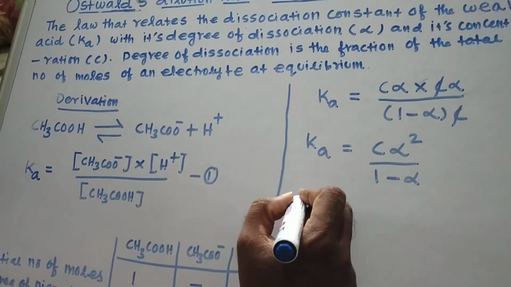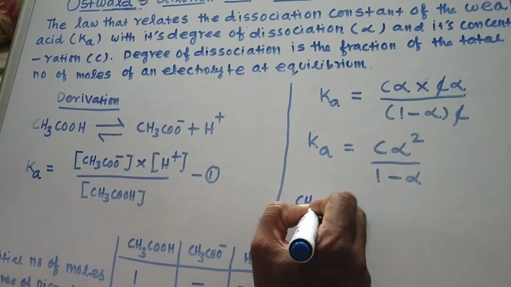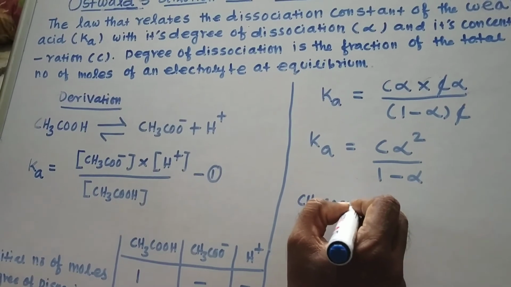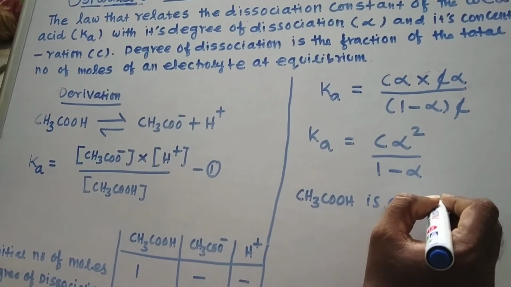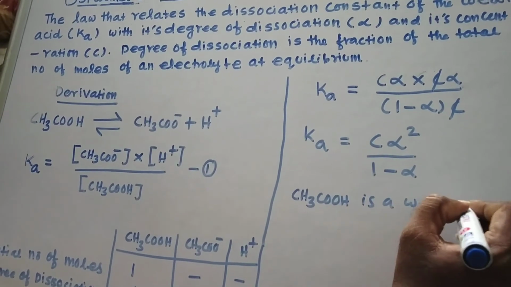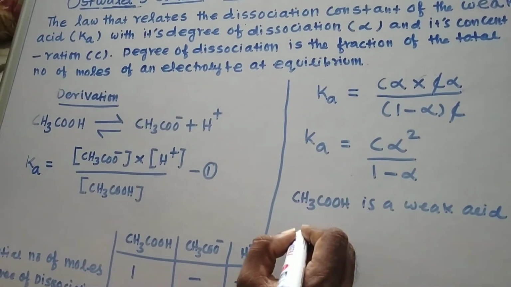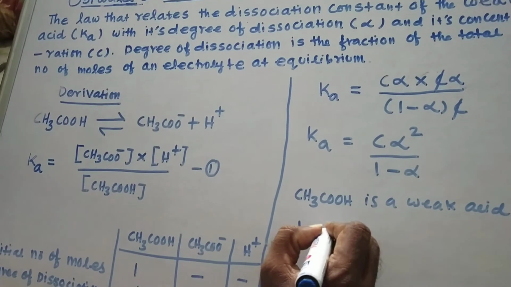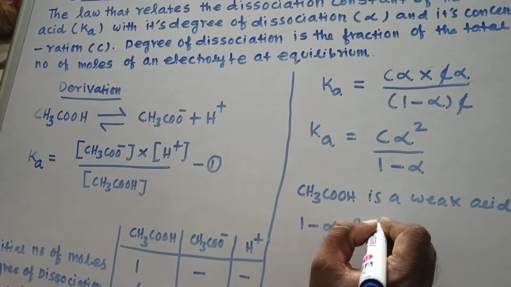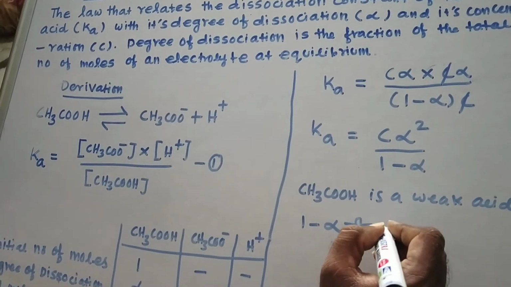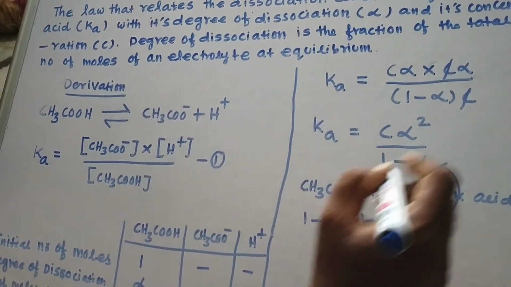Now let us consider acetic acid CH3COOH is a weak electrolyte or weak acid. Therefore 1 minus alpha is nearly equal to 1. Therefore substitute this value in this equation.